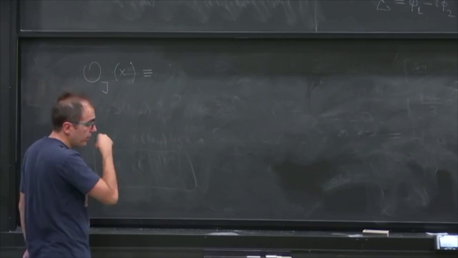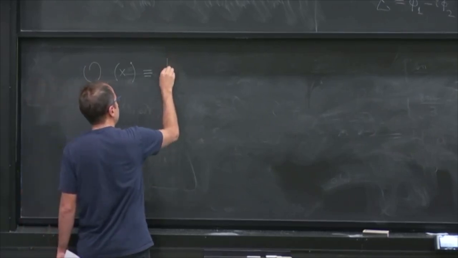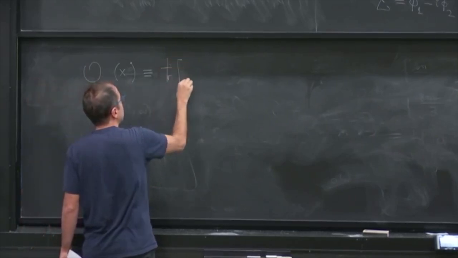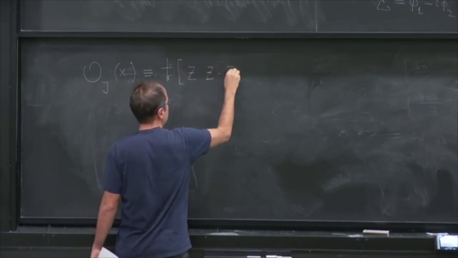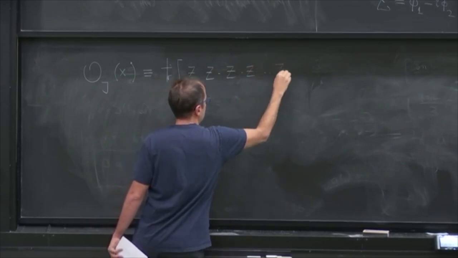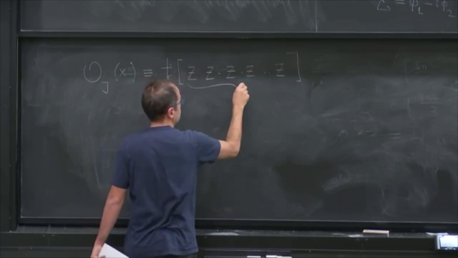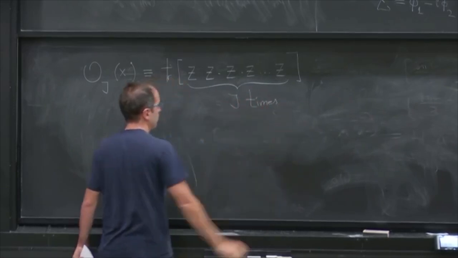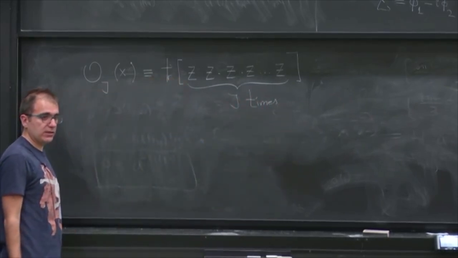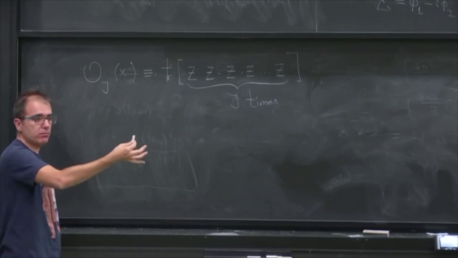Let me define this operator as the trace of z times z times z times z, etc., times z, where I multiply this matrix field j times.